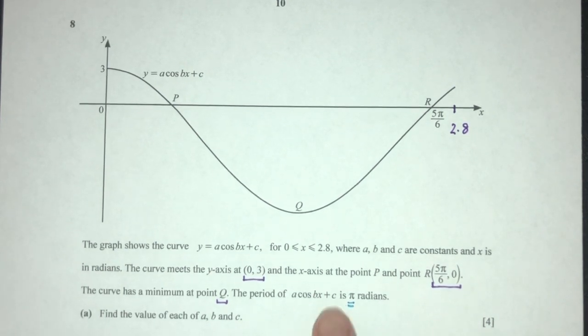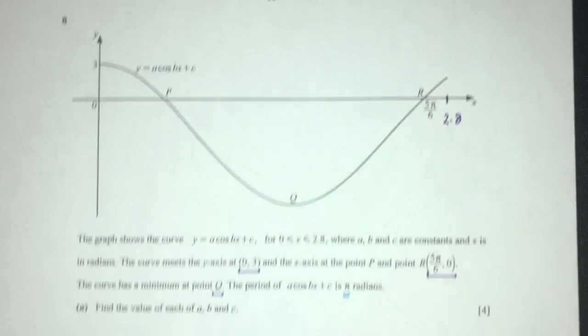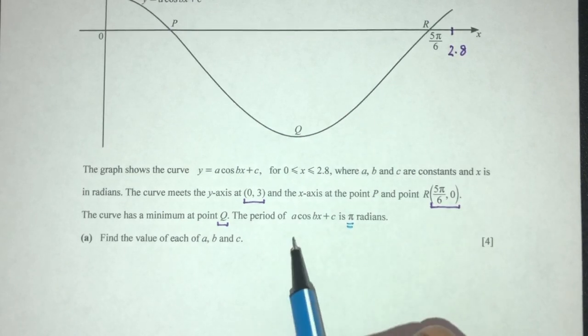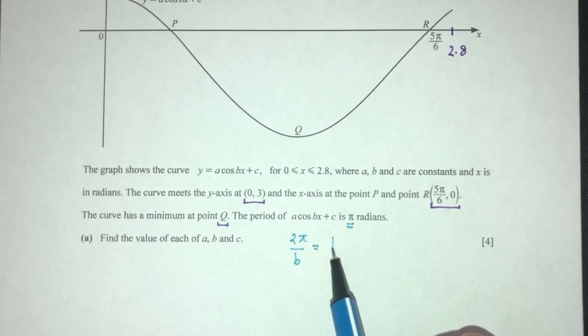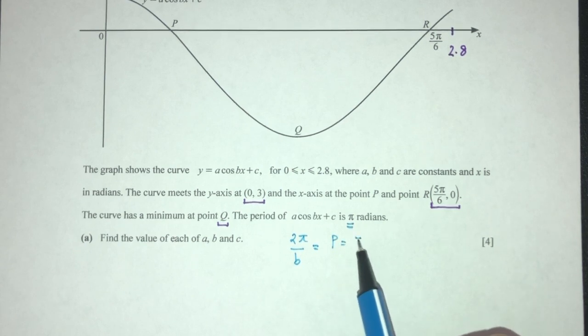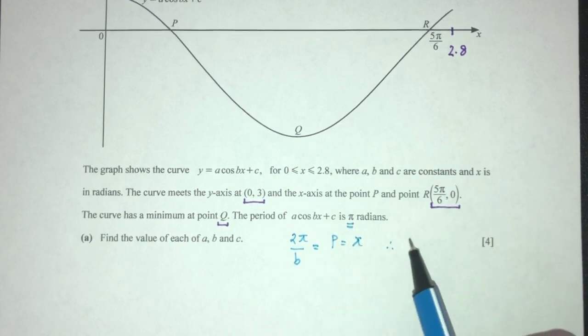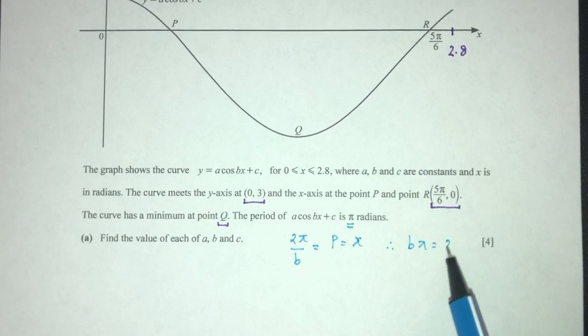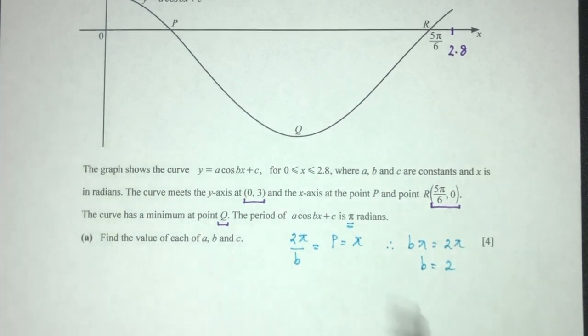So we can first use this one. How do you find the period of a curve, at least of a cos curve? Pretty easy. You take 2 pi, divide by the value of b, that will give you the period, which is equal to pi in this case. Which means b times pi is equal to 2 pi, so b will be the value of 2. This is the first value we have.